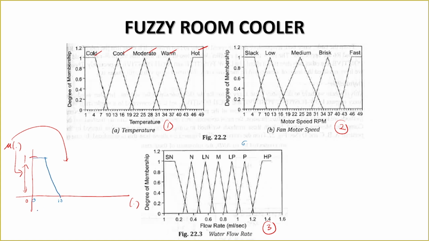So this is cold, based on this idea. Meaning the cold is happening from 0 until 10 degrees. But the thing is, from the 5th to 6th over here, we can see the membership function is decreasing, guys.